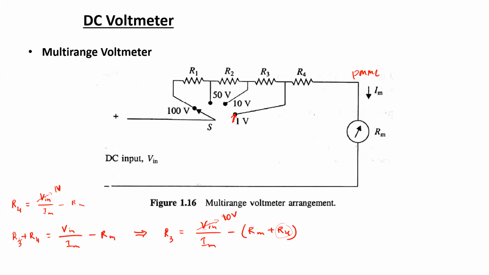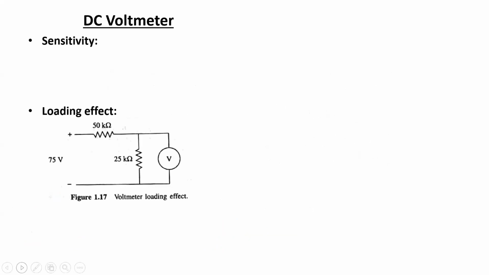Now, in order to discuss the voltmeter sensitivity, the voltmeter sensitivity is normally defined in terms of ohms per volt. So if the voltmeter circuit is considered, the voltmeter sensitivity in terms of ohms per volt can be represented as Rm plus the series connected resistance divided by the input voltage.